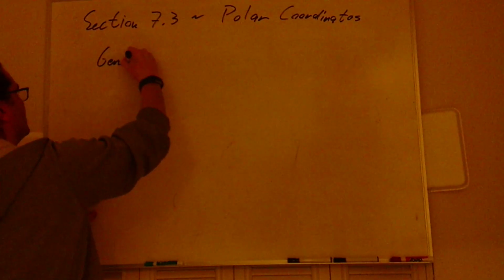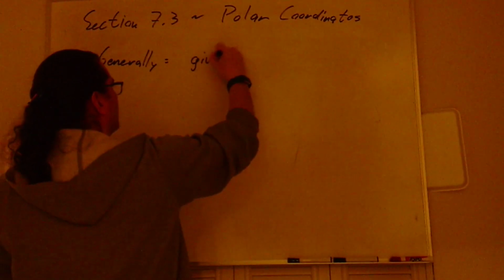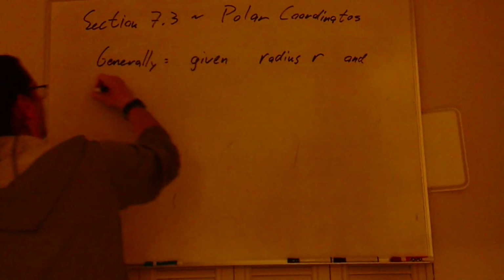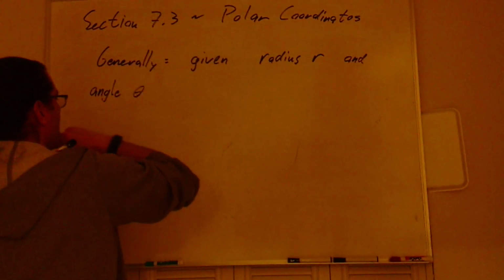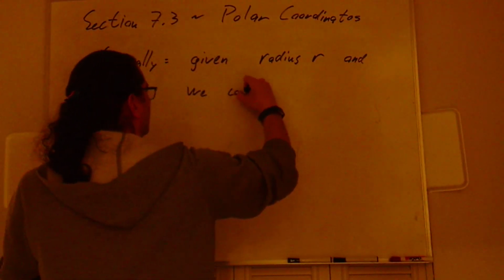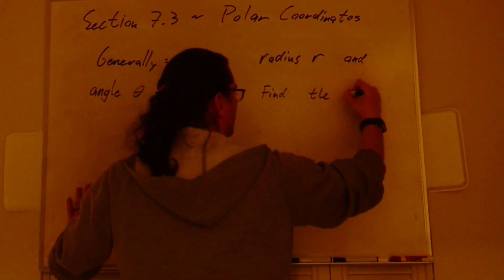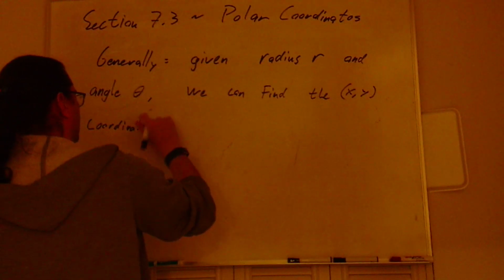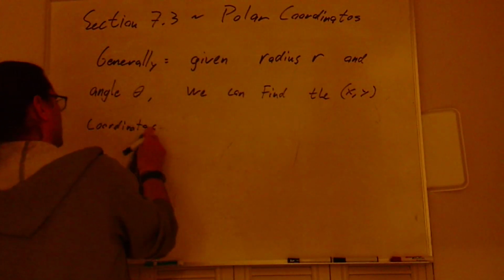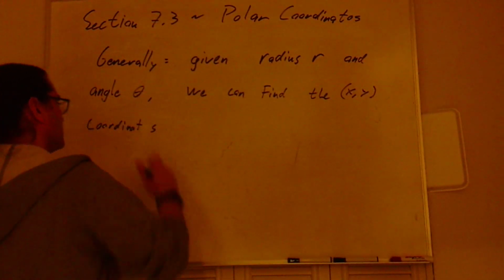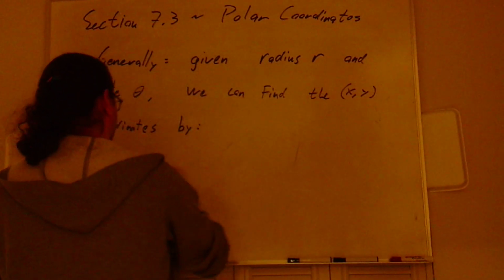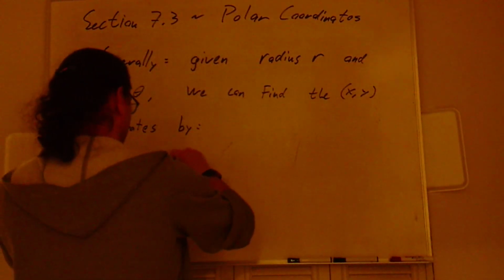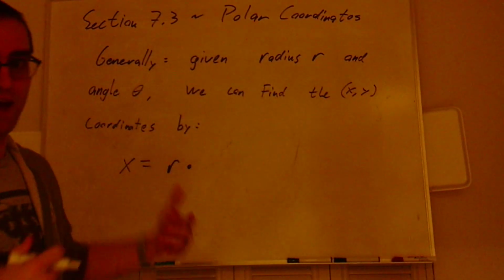Generally, given radius r and angle theta, we can find the x, y coordinates by x equals, going from our other two examples, we always took the radius multiplied by the x coordinate on the unit circle.